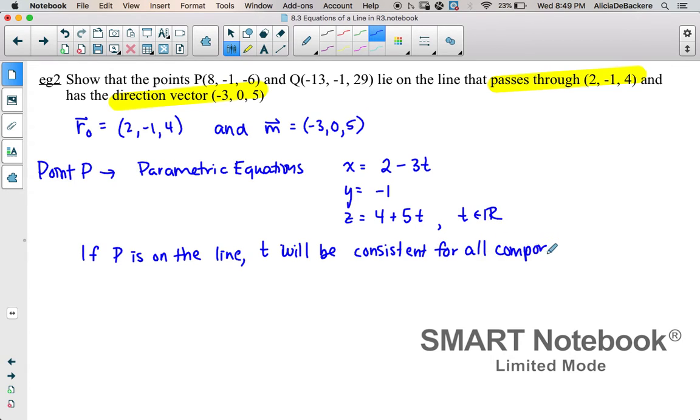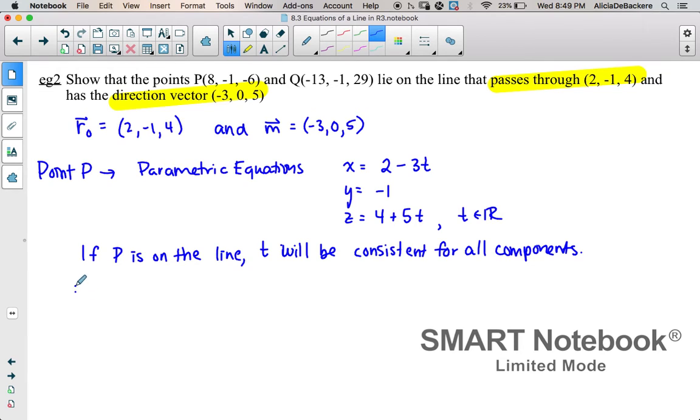And it has to be consistent for all of the components. Now, in this case, the y parametric equation does not have a parameter in it. It doesn't have a t in it. So all I have to do is check that point P actually does pass that equation, that y is equal to -1. So I'm going to start with that one just because it's a little bit different.